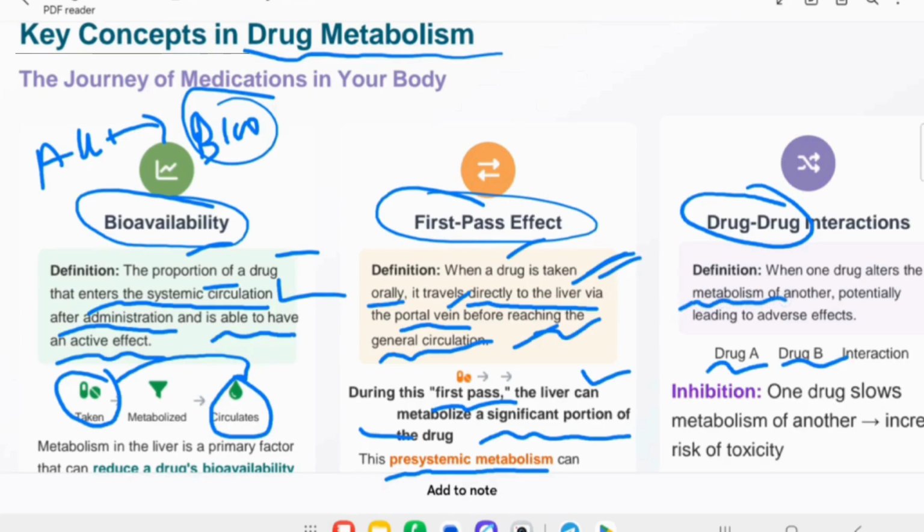For example, if drug A and drug B are given simultaneously, drug A may slow down the metabolism of drug B, or drug A may increase the metabolism of drug B. It is going to interfere in the metabolism of another drug.